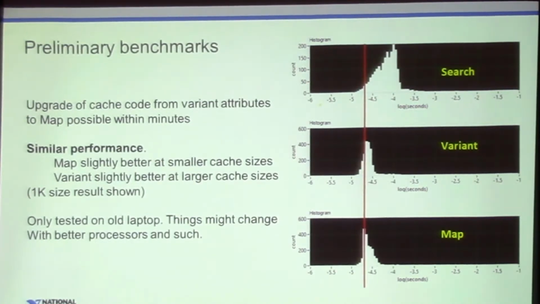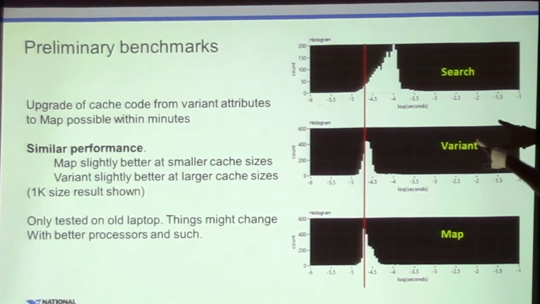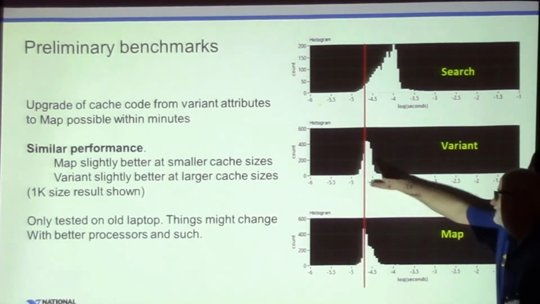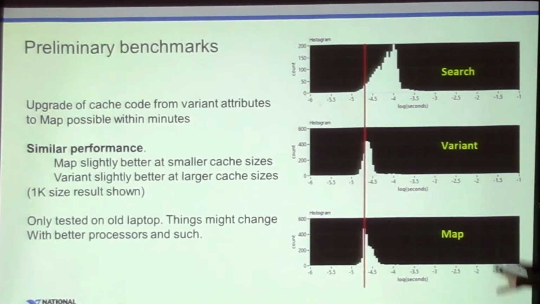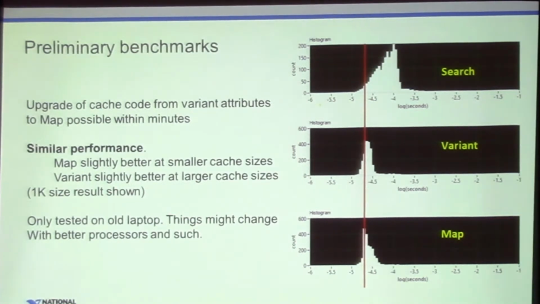If you look at it, if you do search instead of a map or set, a lot of them are really slow. That's a histogram on a logarithmic sequence, so 100 microseconds, 10 microseconds, and so on. If you do variant, it's very tight. It's always fast. If you do map, it's also very fast, and they're very comparable.